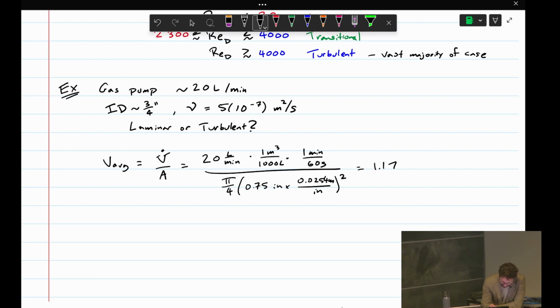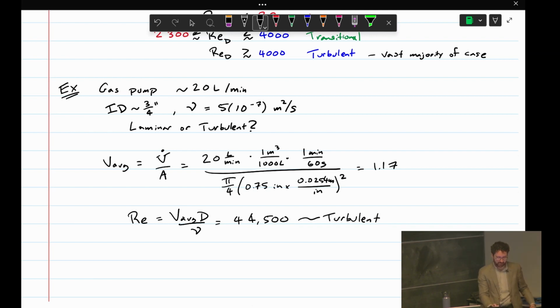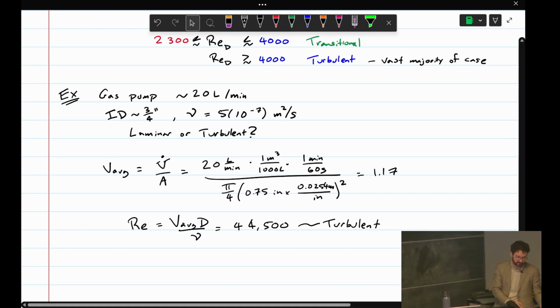So that's 1.17. And the Reynolds number is V average times D over nu, which is above that. So 44,000 is well above 4,000. So that's sufficiently turbulent to say that.